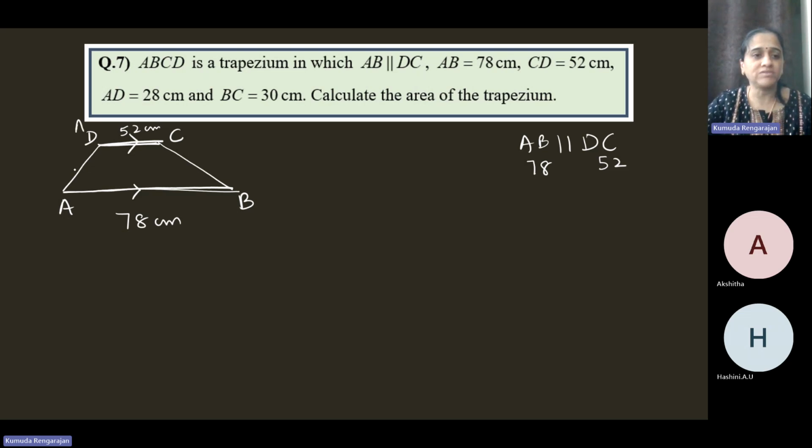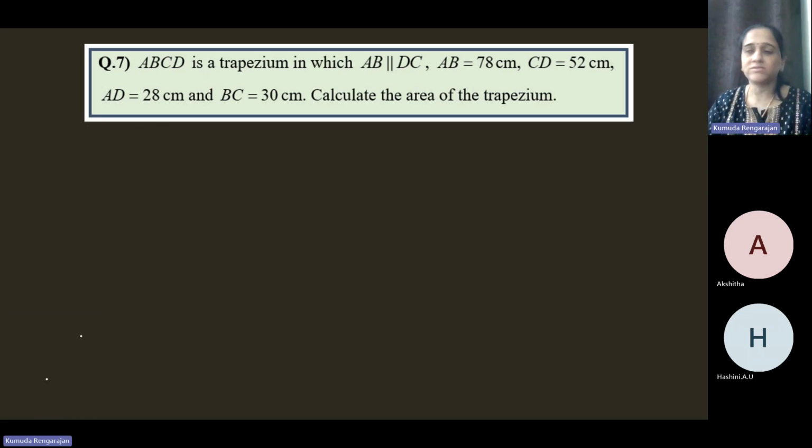Supposing you mark ABCD the other way, then you'll have 78 on the shorter side and 52 on the longer side. It will not make sense. And sometimes you will go wrong also because certain things you cannot visualize clearly when you mark incorrectly like that. So what did I say? AB parallel to DC is given. Note that, and the lengths of AB and DC.